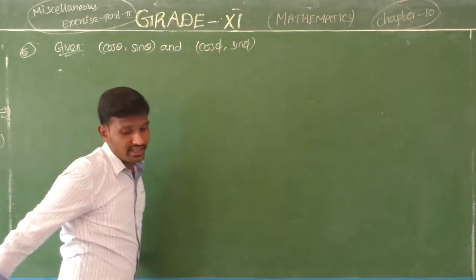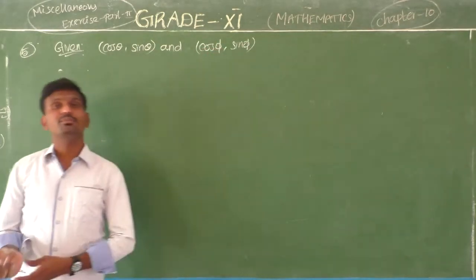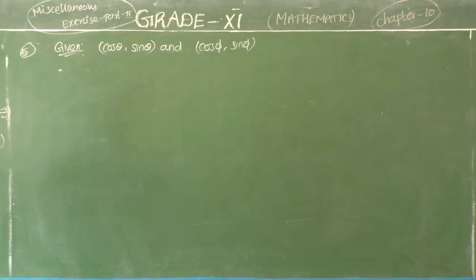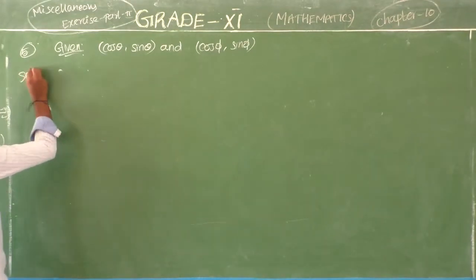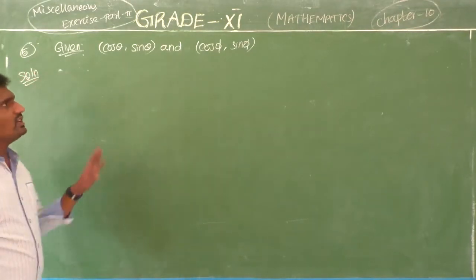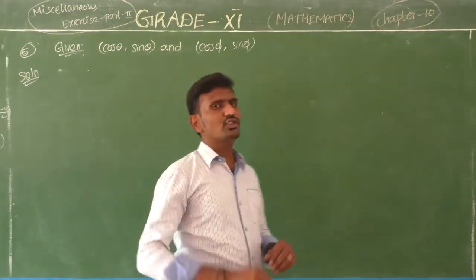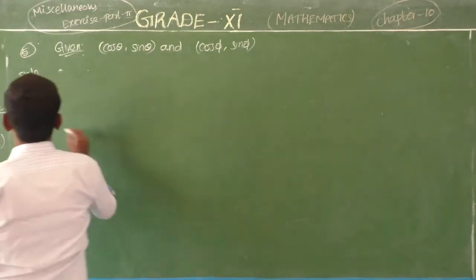So for the solution, first I am going to find what the two points given are. Perpendicular means what? See, the two points are given.